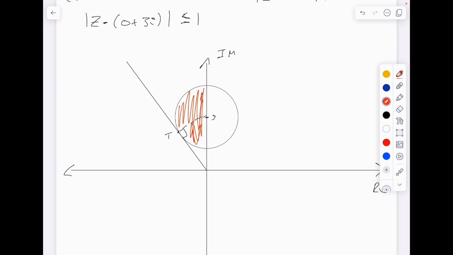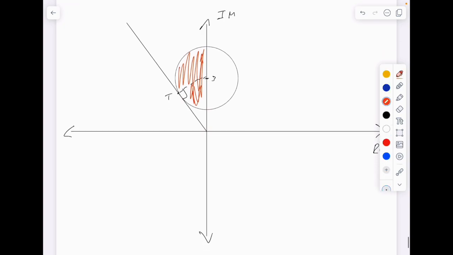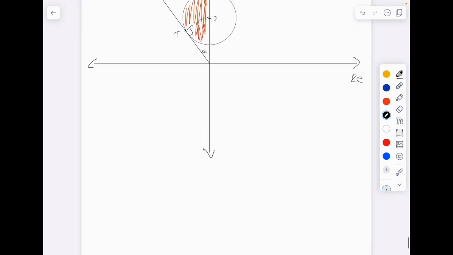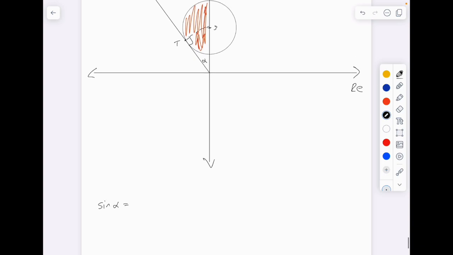And so we can say the following. This over here is obviously a right angle triangle, right? I'm going to call this angle here alpha. So then what can I say? Well, sine alpha is going to equal, well, what?